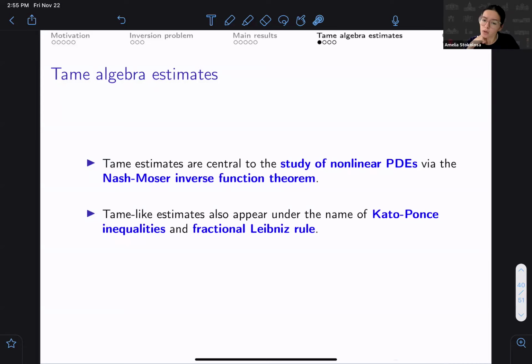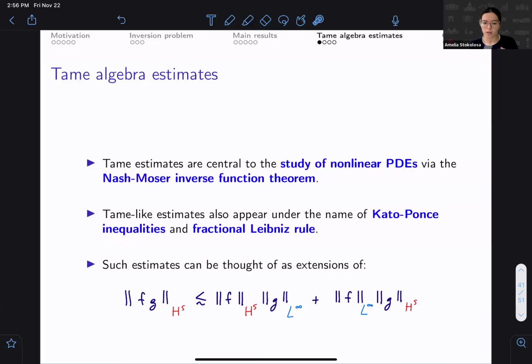Tame-like estimates also appear under the name of Kato-Ponce inequalities and fractional Leibniz rules. And these are extensions of the following product lemma. So what does this product lemma tell you? The H^s norm of the product of two functions can be bounded above by the two extremal terms. So when you apply the Leibniz rule to the product of two functions, let's say you take a very high degree derivative.